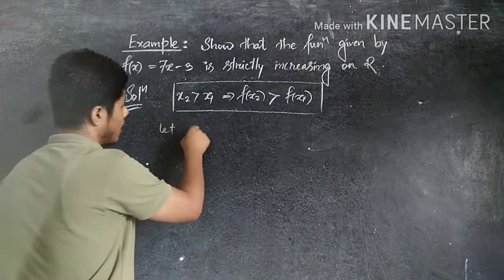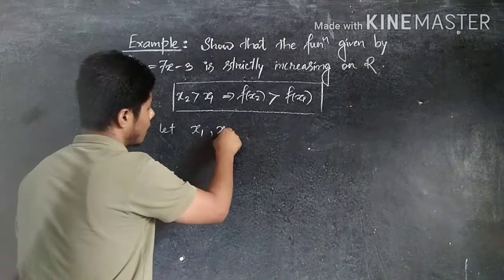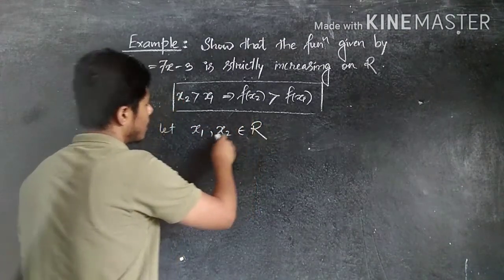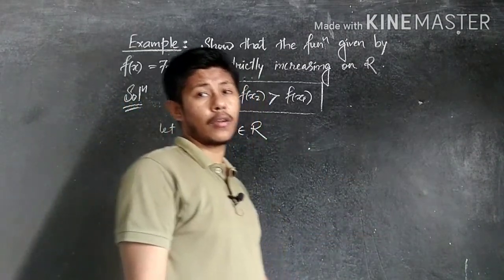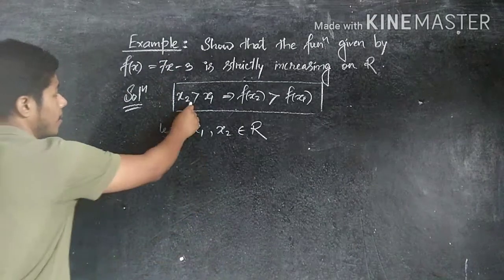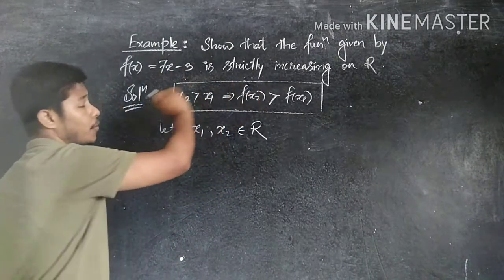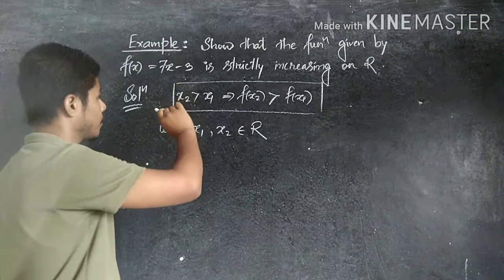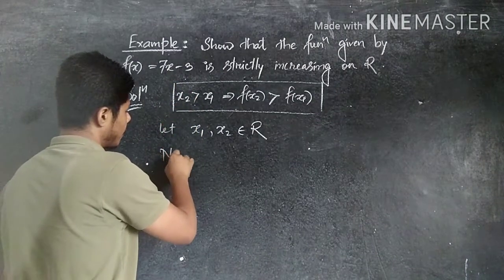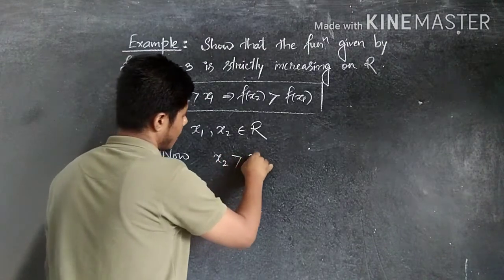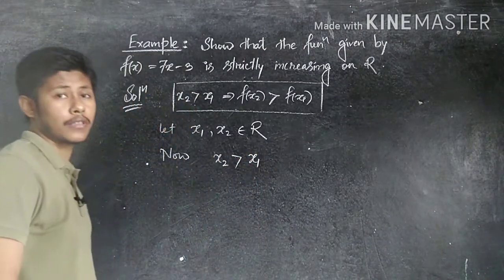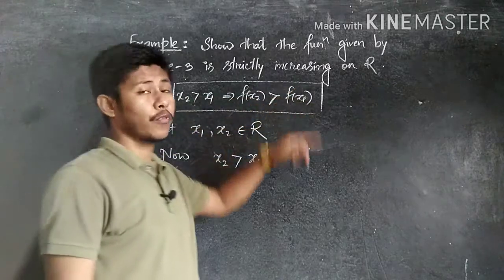So just you have to write: first of all, let two real numbers be considered, x1 and x2 belongs to R. Now from this left hand side we need to prove this result. For this, we have to take this condition first of all: x2 is greater than x1. We take this first because from this we need to prove.